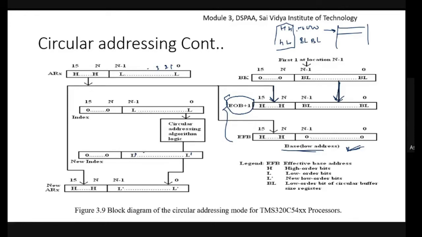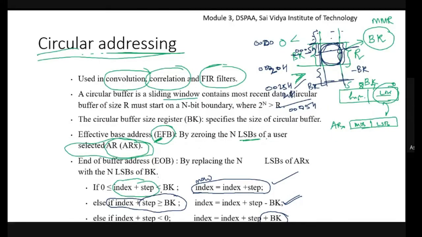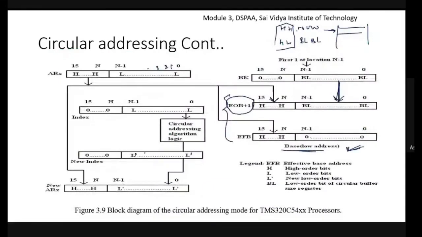If index plus step is greater than or equal to 0 and less than BK, then index is equal to index plus step. If index plus step is greater than or equal to BK, then perform the subtraction. That subtracted value is the new L dash, which is written here as the new index.